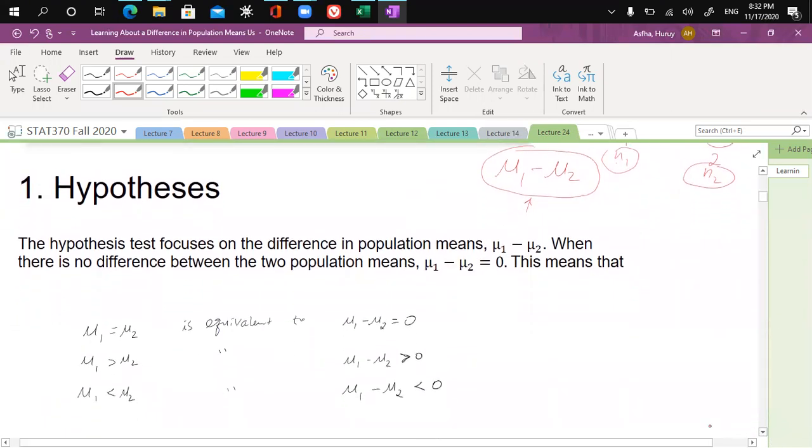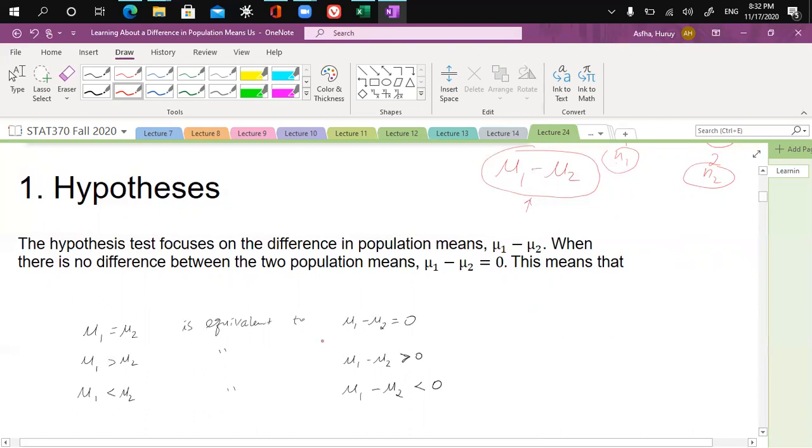For the hypothesis, of course, as before, we have three possibilities. Here we are trying to see the difference between mu1 and mu2. Most of the time, we would like to check whether mu1 and mu2 are equal or not, or mu1 is greater than mu2, or mu1 is less than mu2.